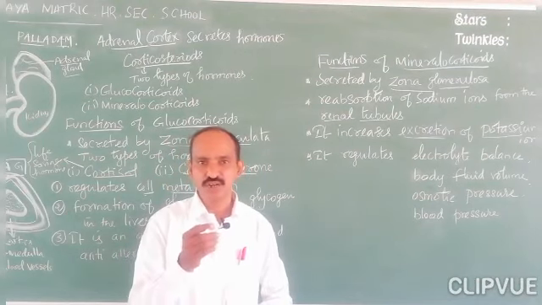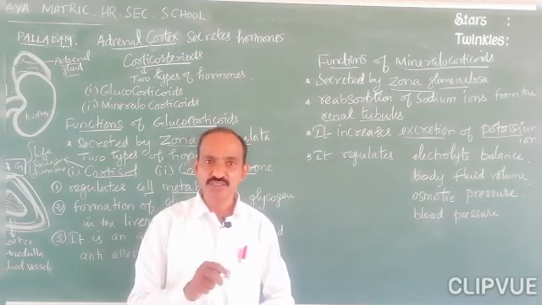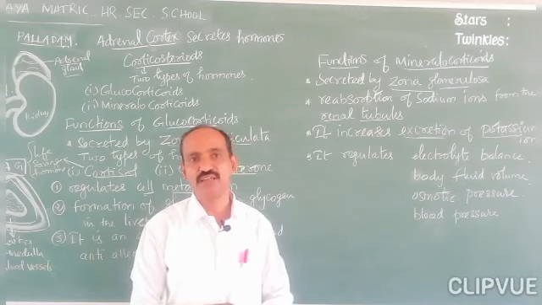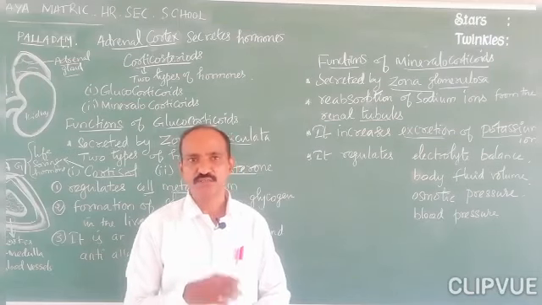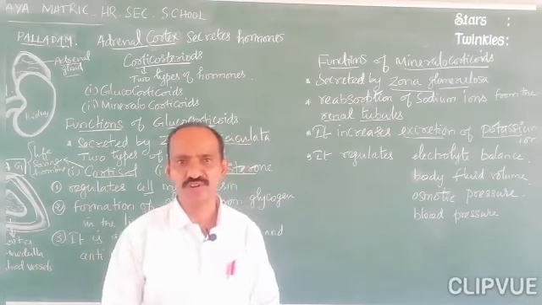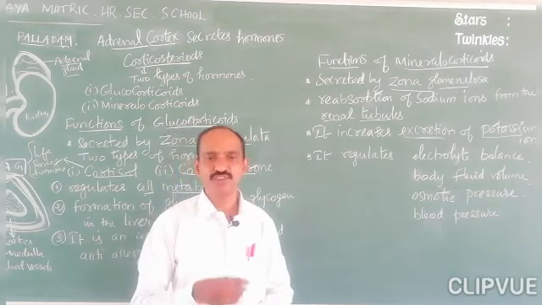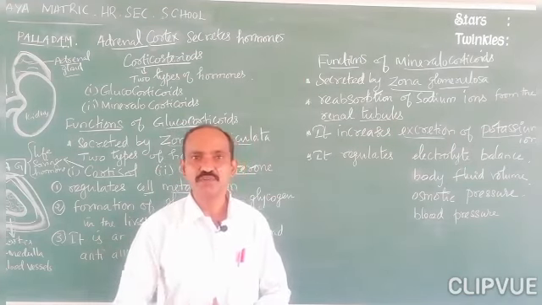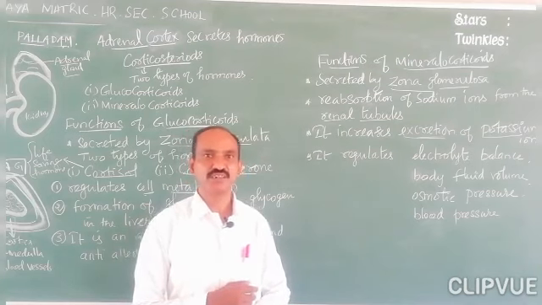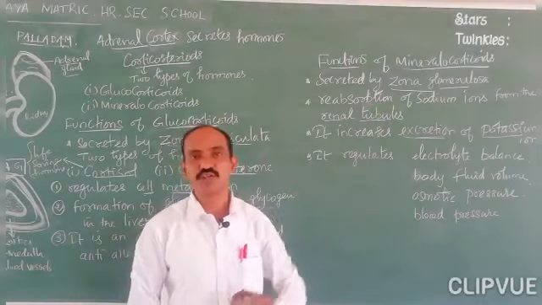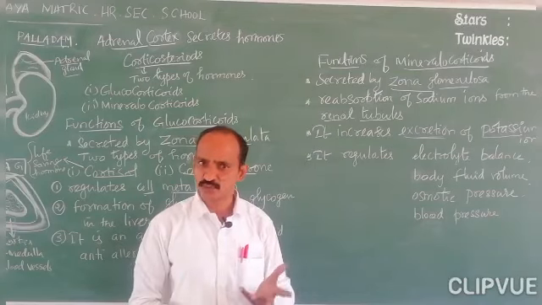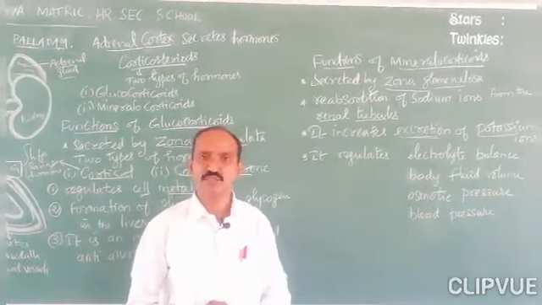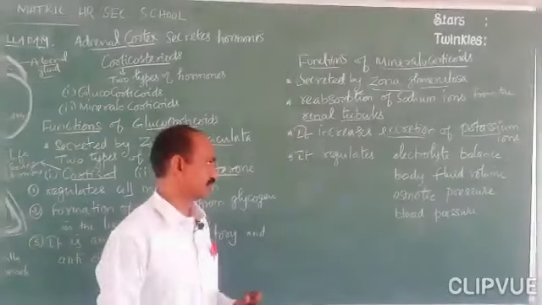The mineralocorticoids help to increase the excretion of potassium ions from the kidney tubules. Potassium ion is not required in our body, so excess potassium ions will be eliminated from the kidney. That is also mineralocorticoids, because potassium, sodium, these all are minerals, which are regulated by mineralocorticoid hormones.